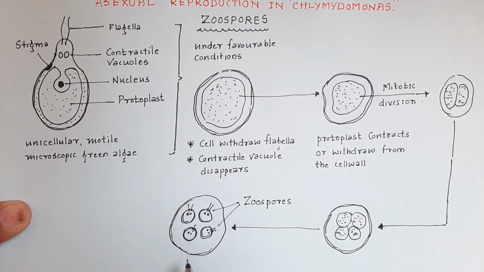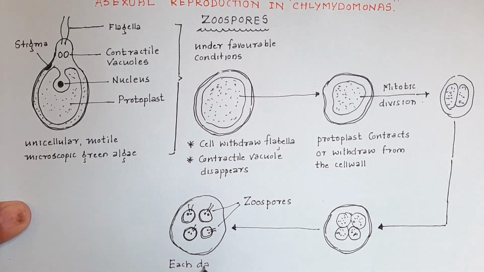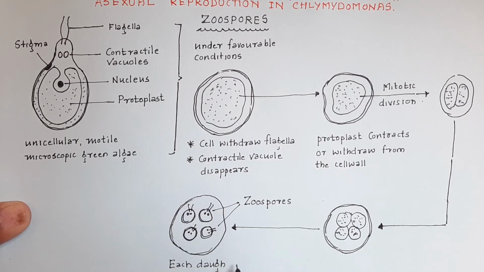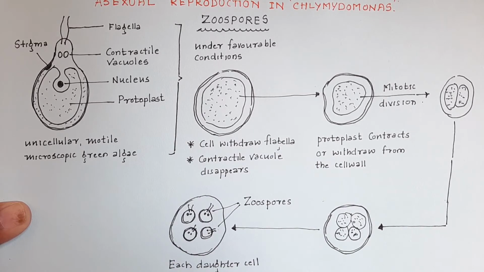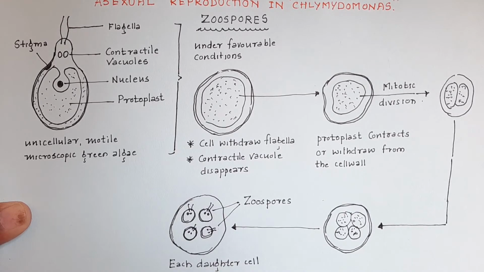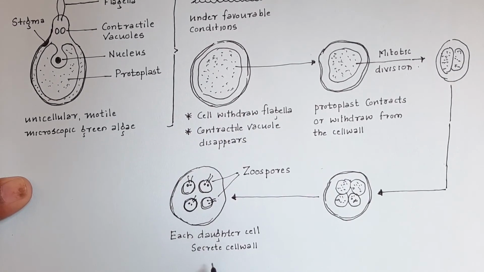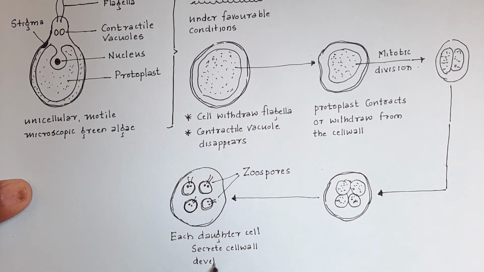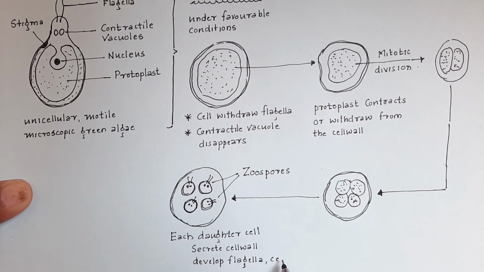So major changes occur. Each daughter cell undergoes major changes. First, it secretes a cell wall around itself. Second, it develops flagella as well as contractile vacuoles.